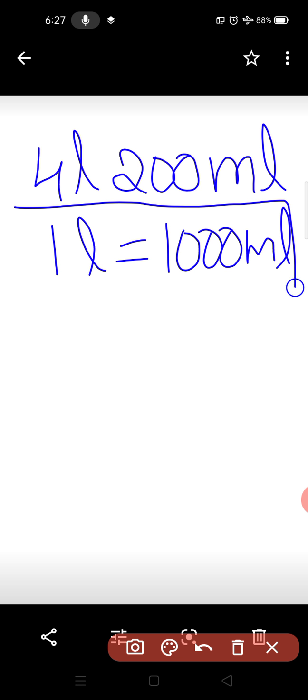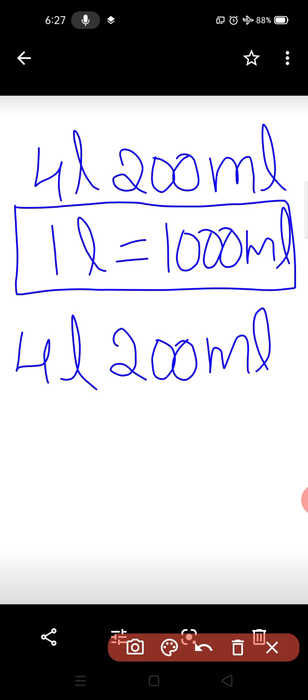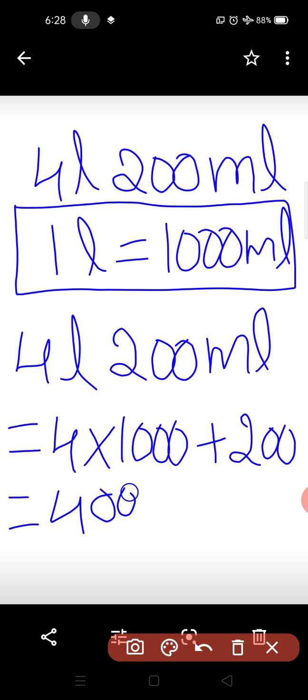So here 4 liters 200 milliliters equals 4 into 1000 milliliters plus 200 milliliters. 4 into 1000 is 4000, plus 200.